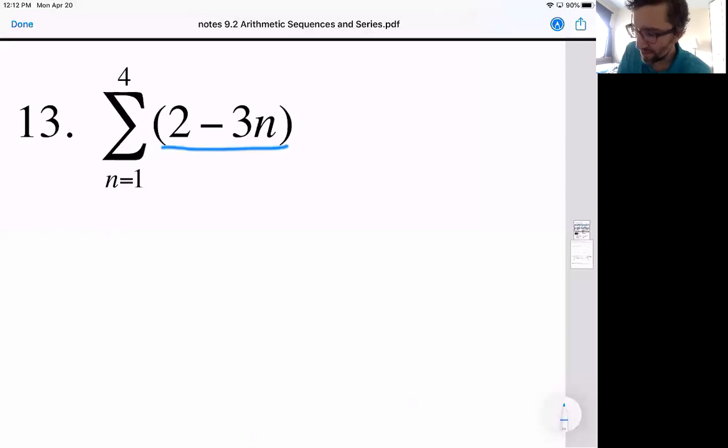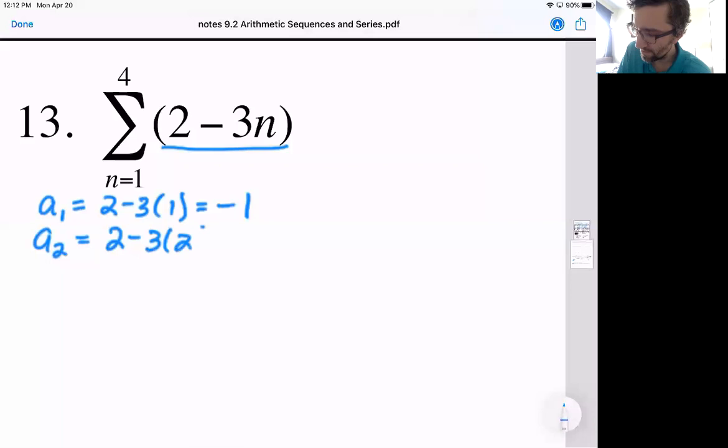So the first term, when n is 1, you'd plug 1 into this, and that'd be 2 minus 3 times 1. And that would be negative 1. The second term is 2 minus 3 times 2, and that would be negative 4.